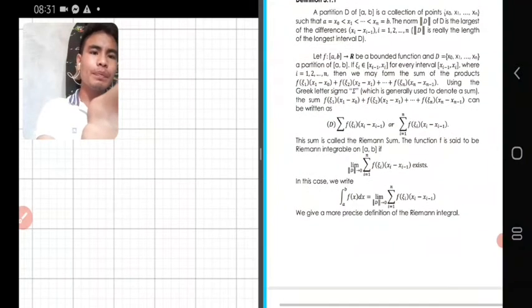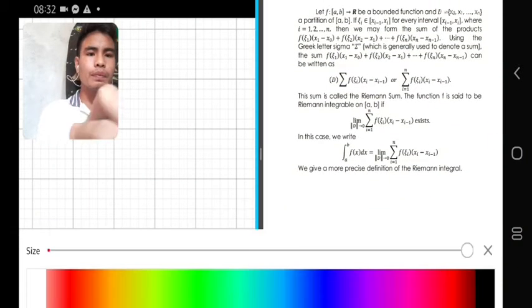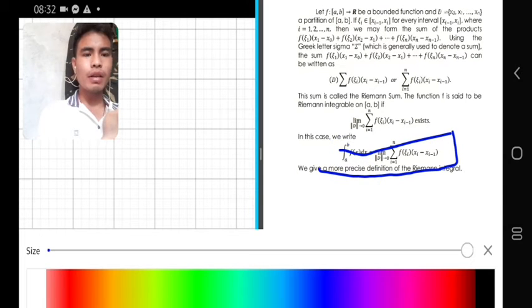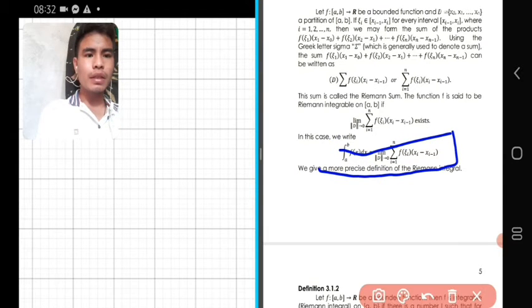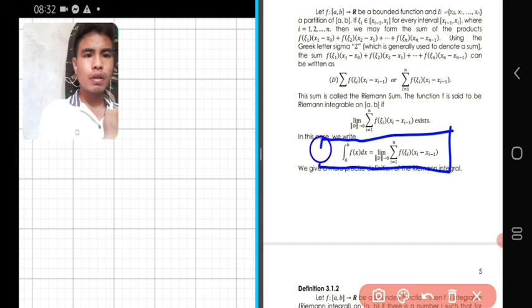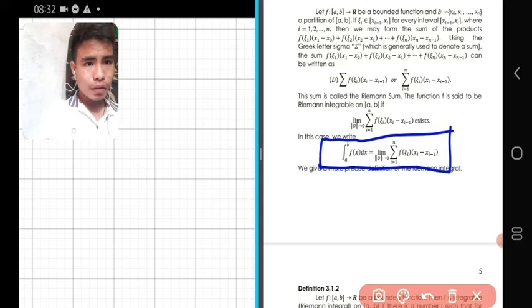In this case, we write it like this. Now this is our definite integral, the formula of which is better explained by the definition in the book.